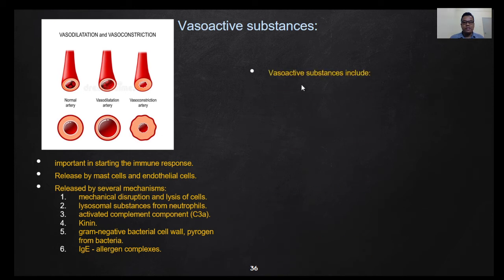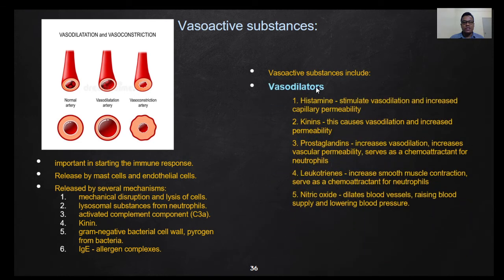Vasoactive substances include vasodilators: histamine, kinins, prostaglandin, leukotrienes and nitric oxide; and also vasoconstrictors: endothelin-1.